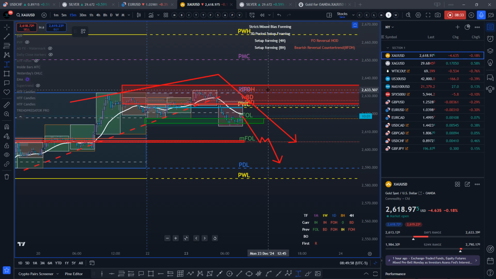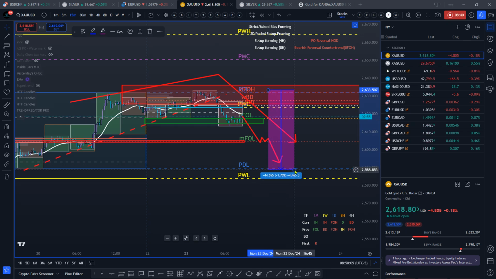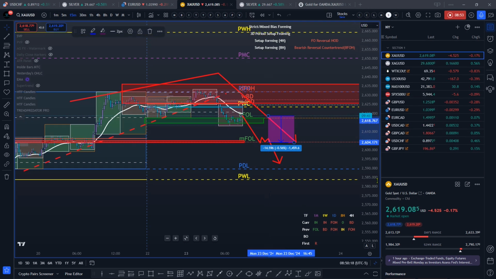Mondays are usually a narrow range day, but yes, that would be quite a move. $44 on the day. The ATR is $39. So never say never. But I'd be more inclined to look for the scalp in here.